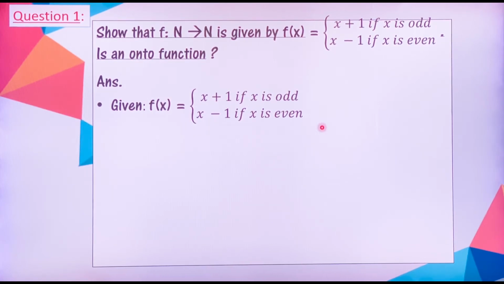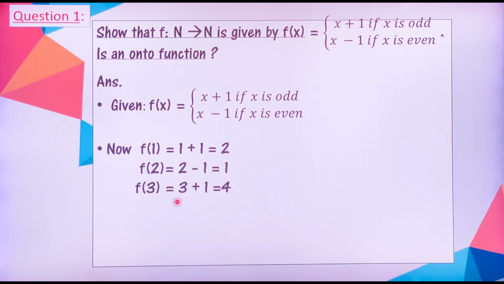Let's check. f(1): since 1 is odd, take x plus 1. We get f(1) is equal to 1 plus 1 is equal to 2. f(2): since 2 is even, take x minus 1. Now f(2) is equal to 2 minus 1 is equal to 1.